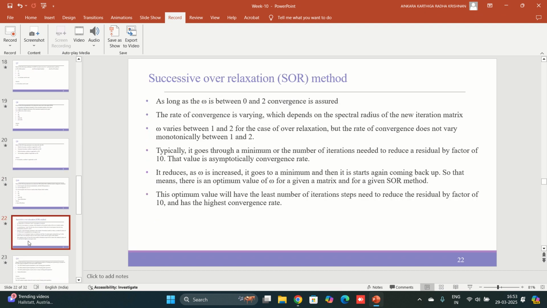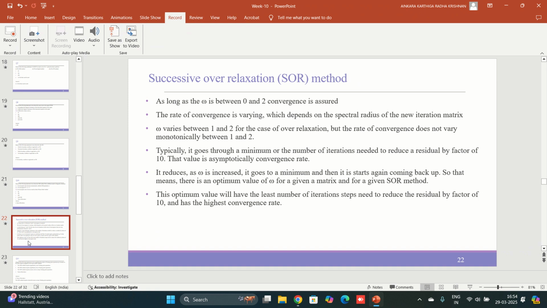And we have seen about successive over relaxation method, wherein it gives convergence between 0 and 2. If it is greater than 1 and less than 2, it is known as over relaxation. And as omega is increased, it goes to a minimum and it starts coming up again as omega is increased.